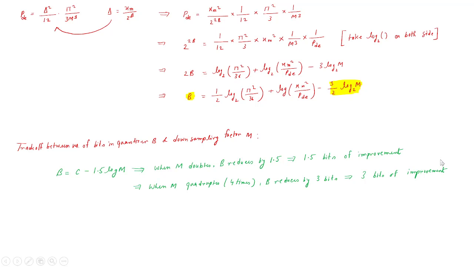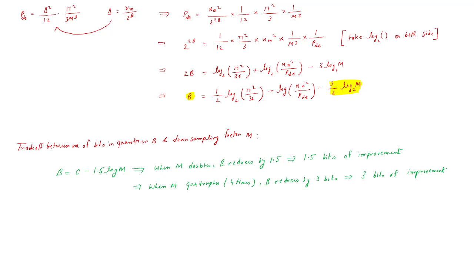So basically, this is how we are able to reach this trade-off equation from the power of quantization noise itself, because you can think of it that way. The signal power you are keeping as it is, you just consider your quantization noise power, and you see that both B and M have a similar goal. Their goal is to reduce the quantization noise power, which in turn is going to improve the SQNR.